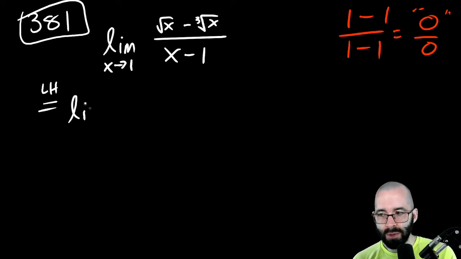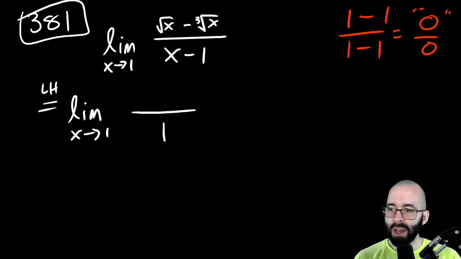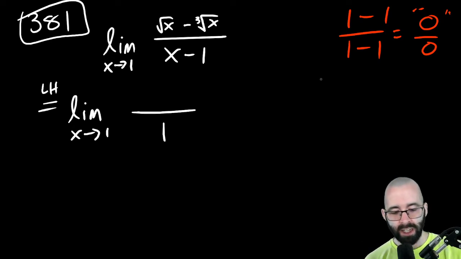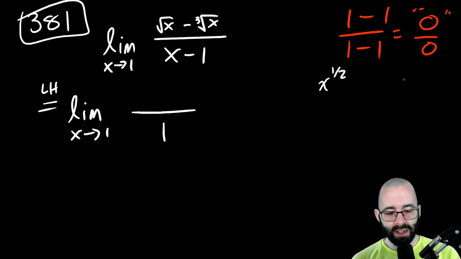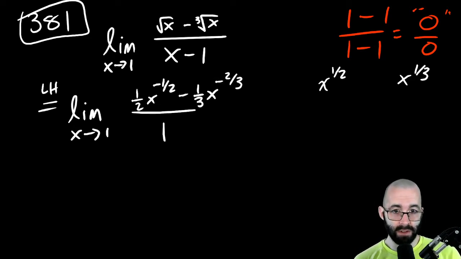So rewrite these with rational exponents. The limit as x goes to 1. Let's take the derivative. The derivative of the bottom is much easier. It's just 1. Derivative of the top, again, you're going to need to rewrite these: x to the 1/2, x to the 1/3. You're going to get 1/2 x to the -1/2 minus 1/3 x to the -2/3 when you subtract 1 using the power rule.